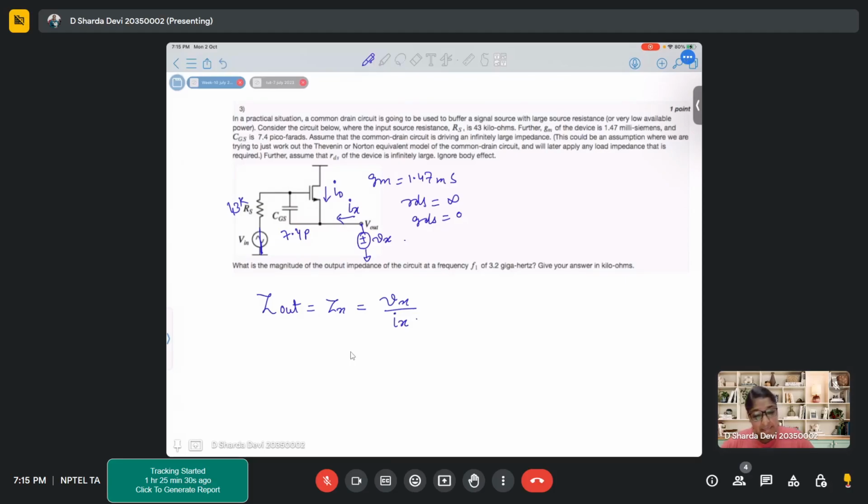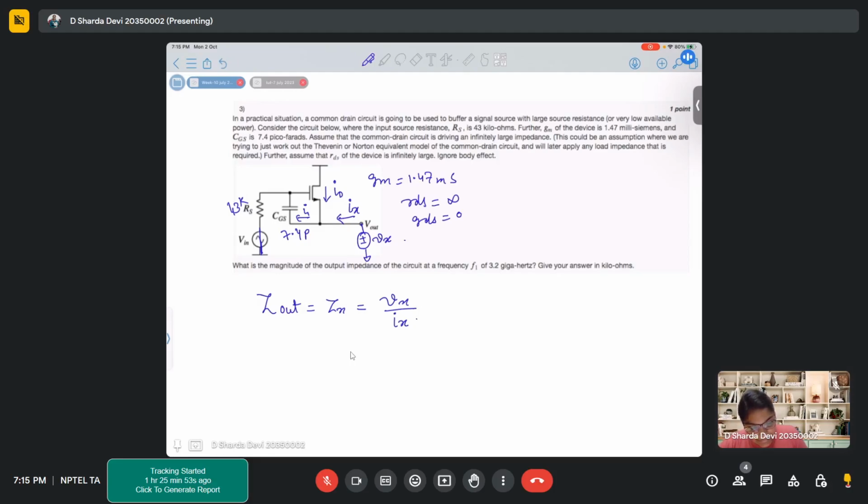Clear? Now, ID is the current flowing from the transistor, Ix is coming from the voltage source, and let's say in this path I1 is flowing through the capacitor all the way to the resistor.